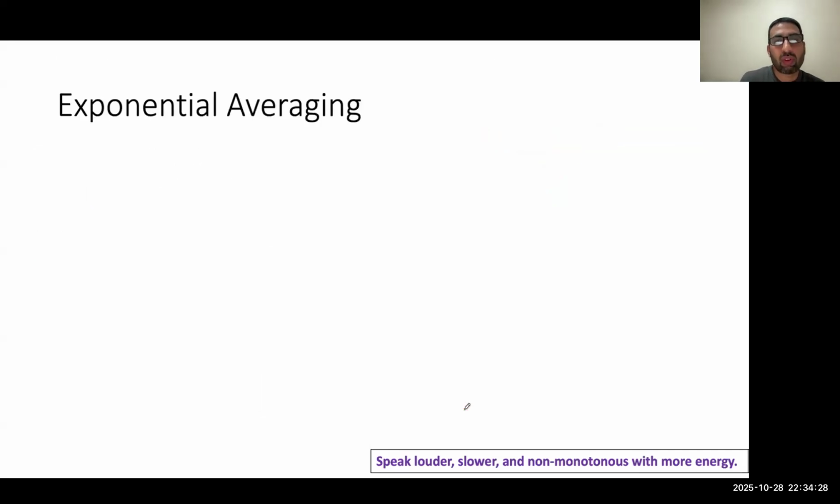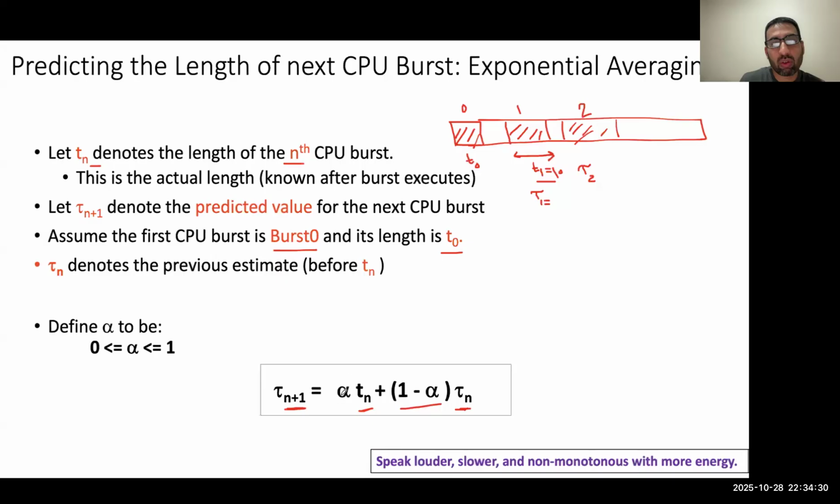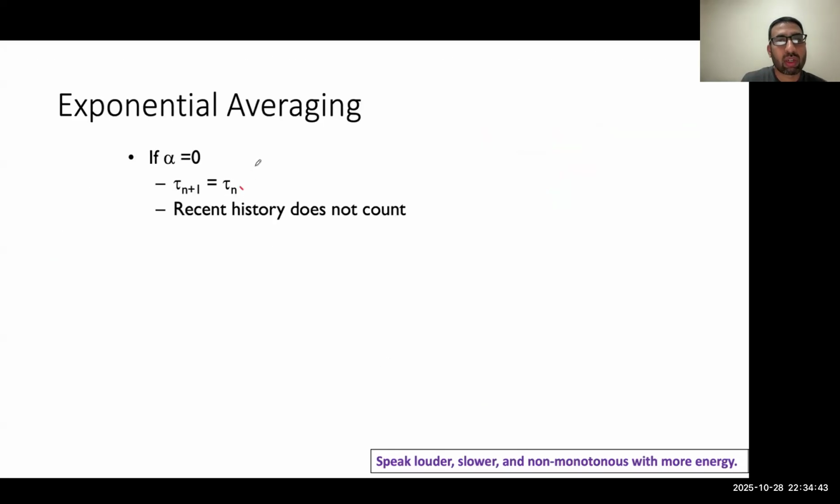So in this equation, if we put alpha equal to 0, it means that the next estimated burst value is equal to the previous estimated burst value. So here we are essentially saying that recent history does not count.